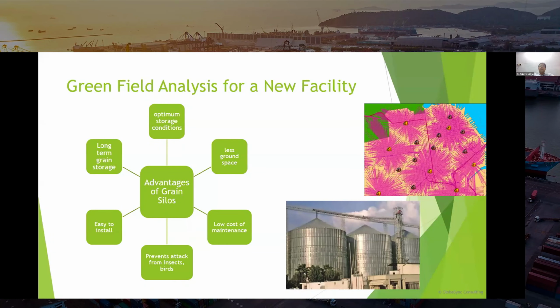Sometimes they're built in a public-private partnership, but it has an immense impact on the agricultural supply chain in many of these developed countries. So the greenfield analysis was done to identify location of these silos, and we also found how much cost saving can be done by identifying the right location and saving in transportation cost and saving in inventory cost.